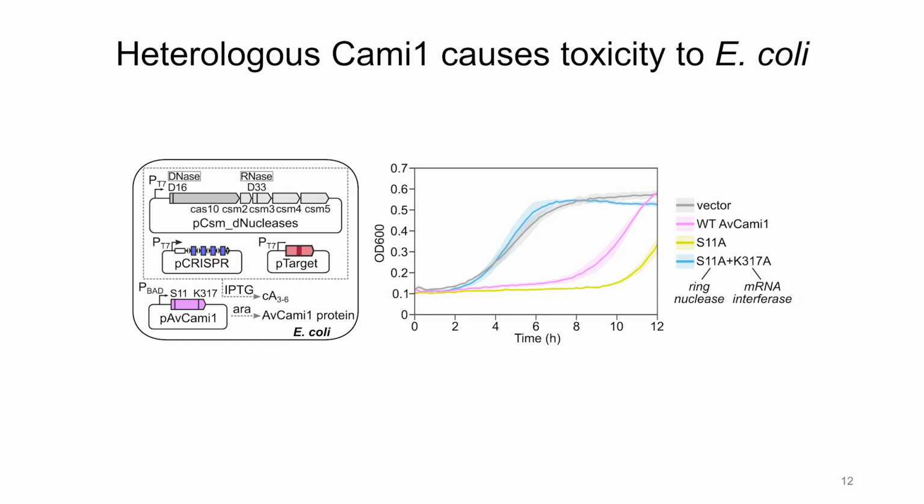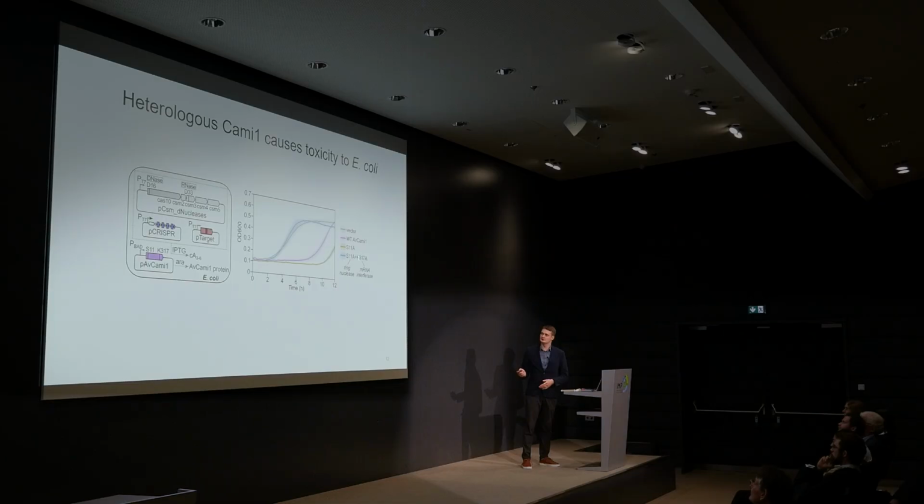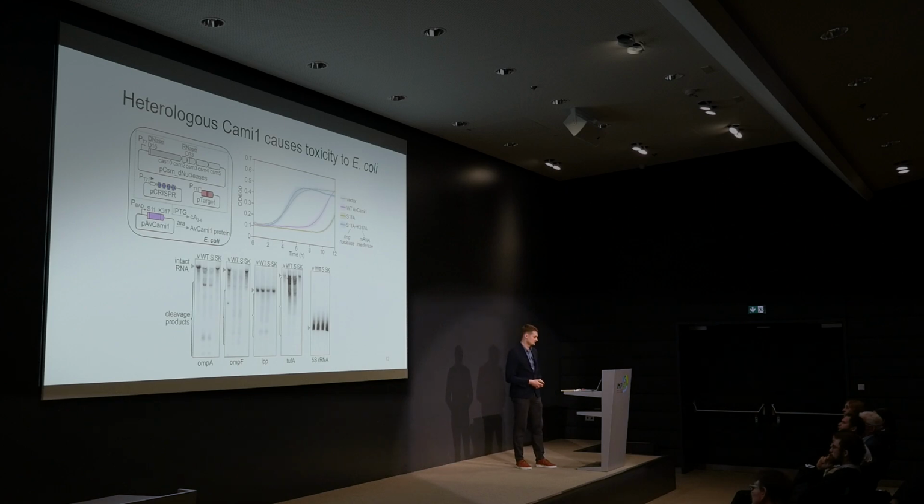So wild type and ring nuclease activity mutant were unable to grow very well, but when we introduced another mutation in the mRNA interferase active center, we see that these bacteria grow as well as if no CAMI1 was expressed at all. We purified total RNAs from these bacteria, and then searched for specific RNAs using radioactive probes.